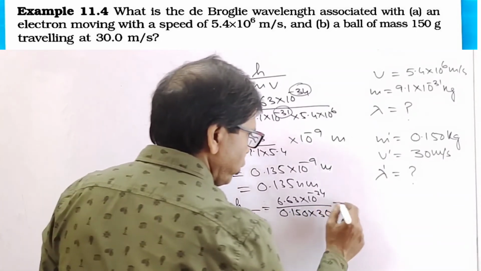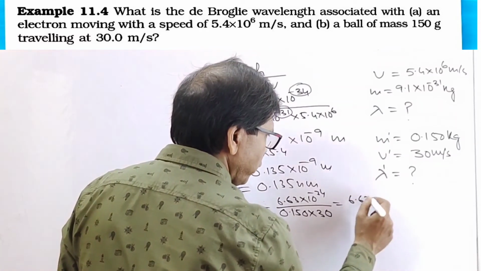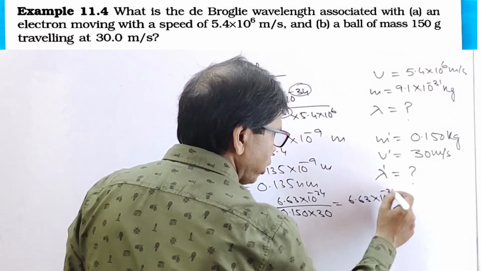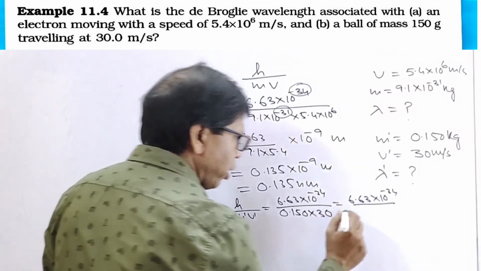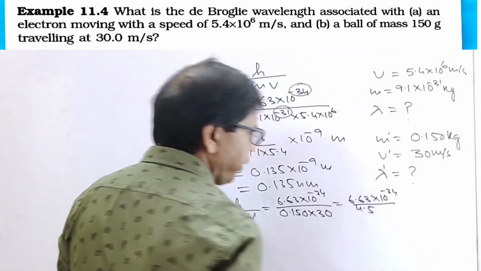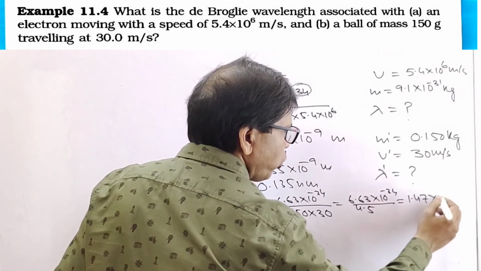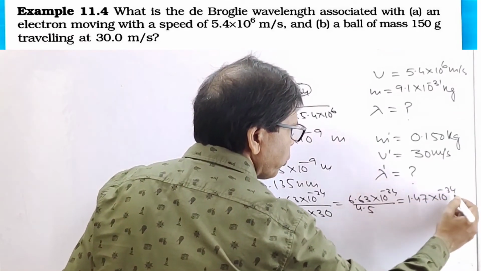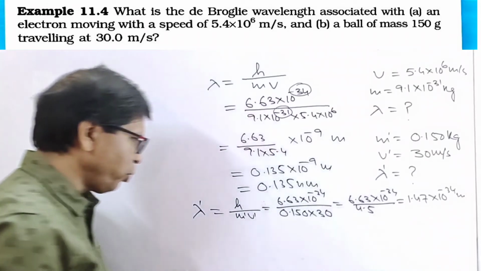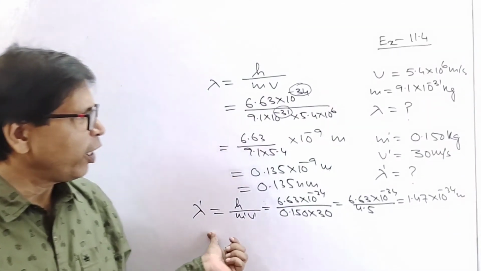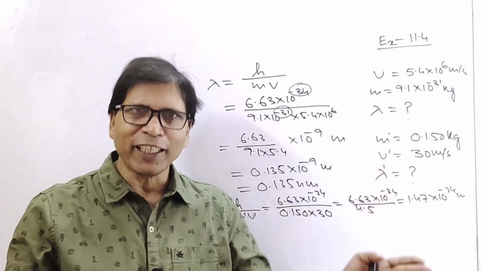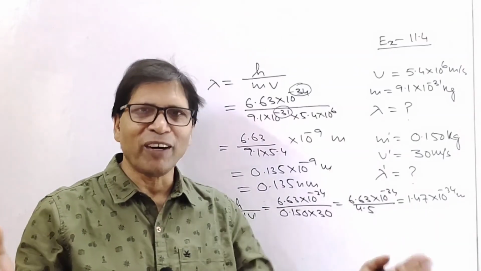So this is 6.63 into 10 to the power minus 34 over 4.5, which is almost 1.47 into 10 to the power minus 34 meter. Therefore, the de Broglie wavelength of a particle on Earth's surface is very, very small.